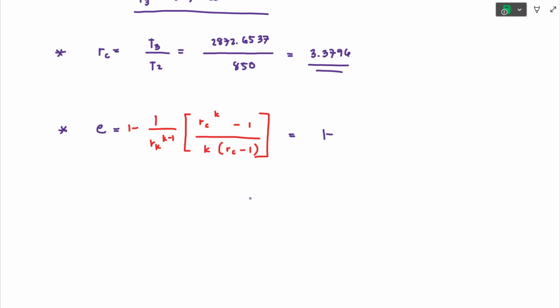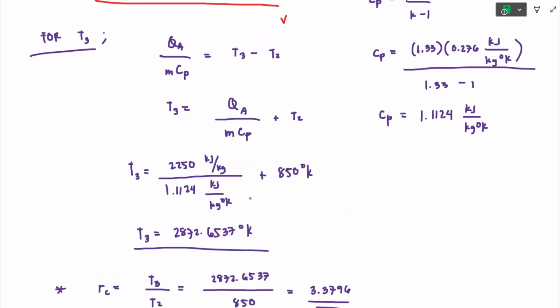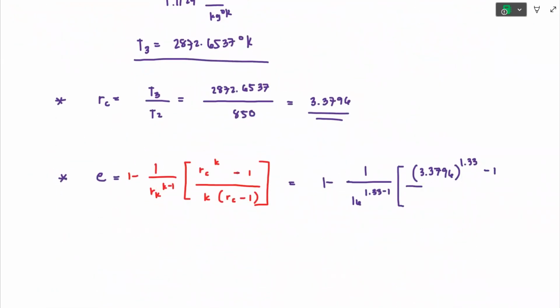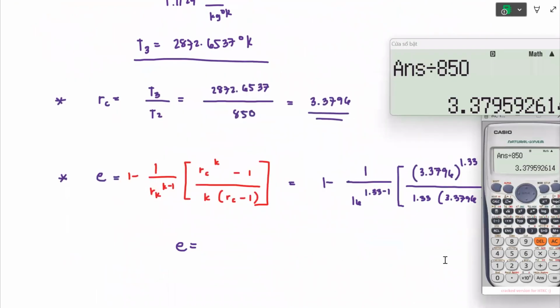So, 1 minus 1 over 16 raised to 1.33 minus 1, then multiply to RC na 3.3796 raised to 1.33 minus 1. Divide by 1.33 multiply to 3.3796 minus 1. Okay? So efficiency is, calculate natin.